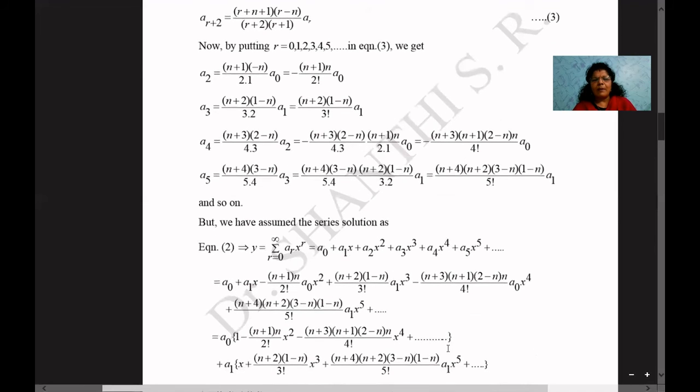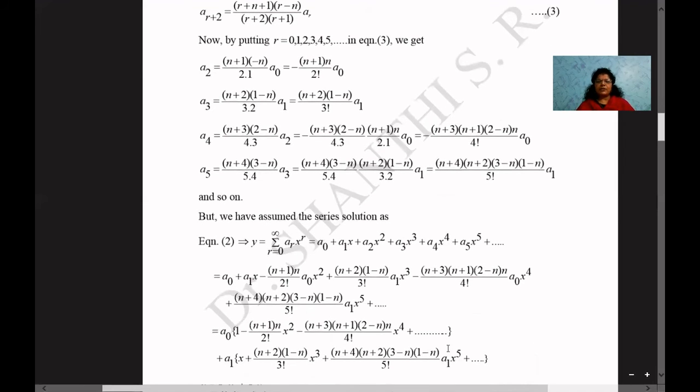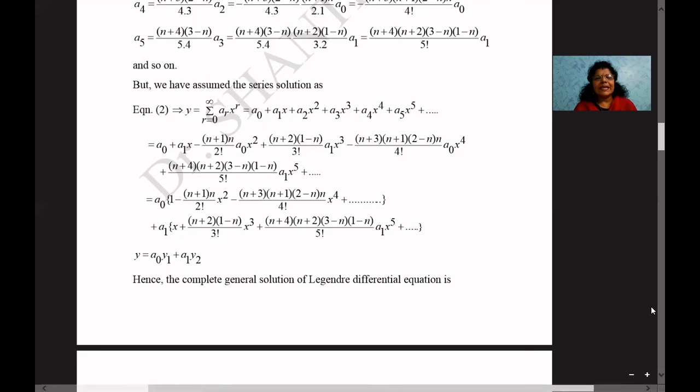Correct? Now I am assuming the series solution which we have chosen in equation number 2. What is equation number 2? y is equal to sigma r equal to 0 to infinity of A_r into x power r. You expand this by substituting r equal to 0 to infinity. What will you get? A0, when r is equal to 0, A0 x power 0, that is A0. When r is equal to 1, you will get A1 x power 1, that is A1x.